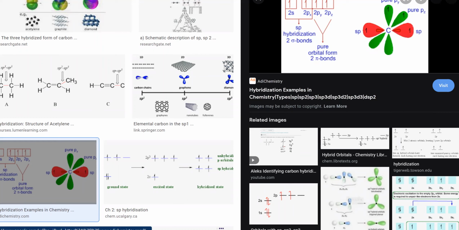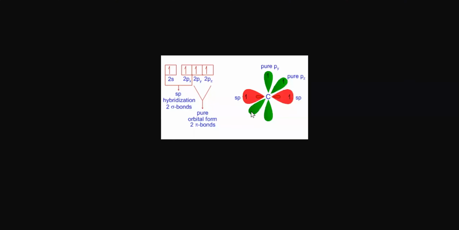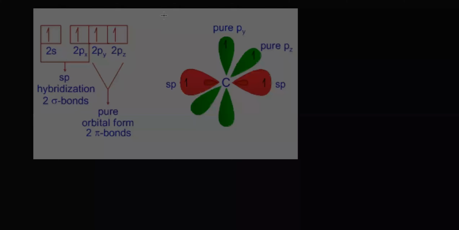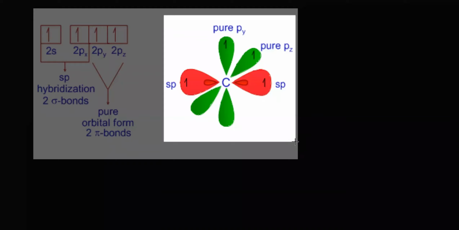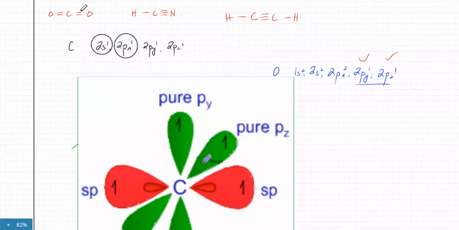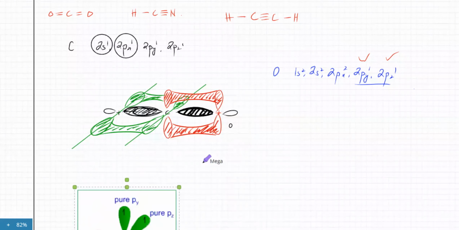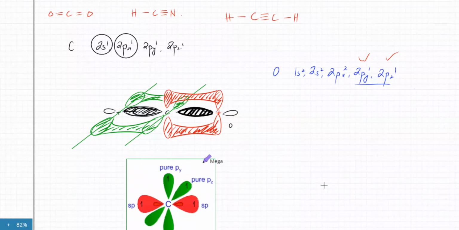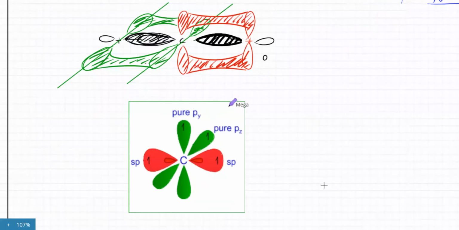I'll just copy this. That's what the carbon atom would look like.